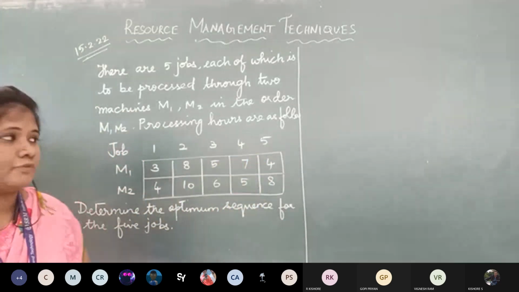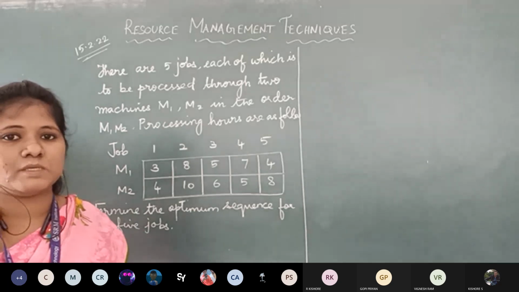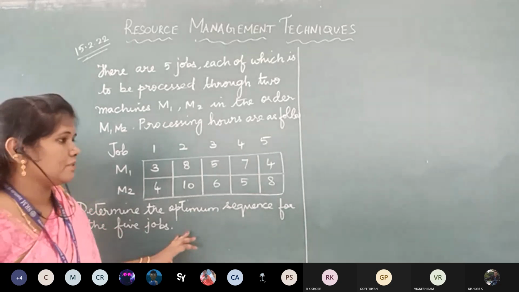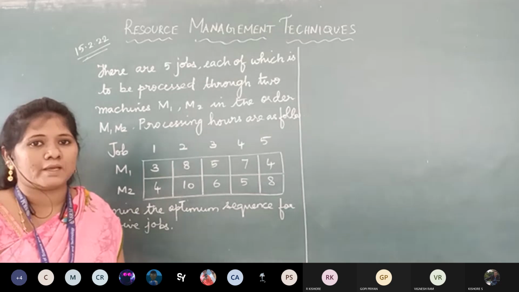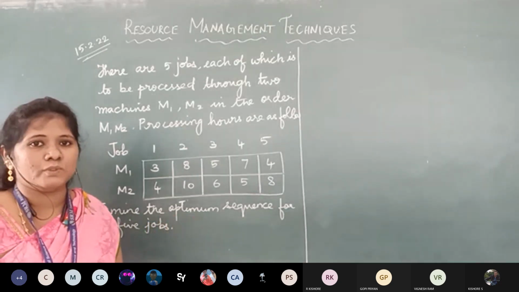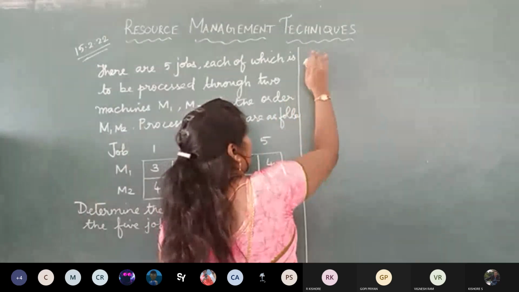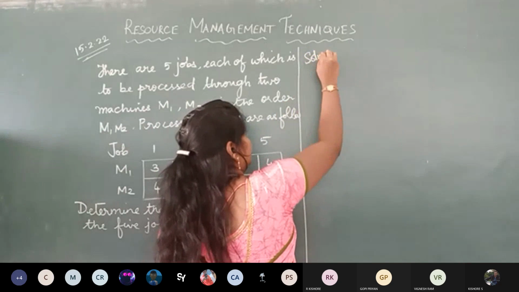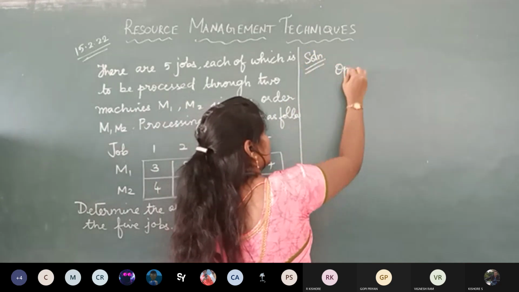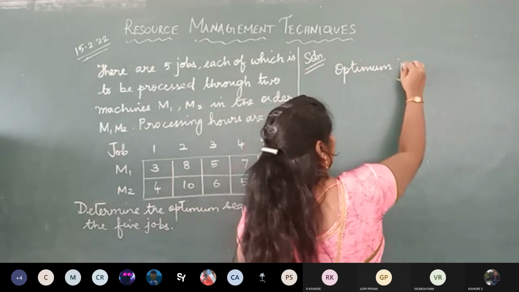You finish writing, you tell me, so that we will go on to finding the optimum sequence, because with that sequence only we can carry out the problem. First we will understand how to find the sequence, and then how to find your total elapsed time. So first you have to find your optimum job sequence.